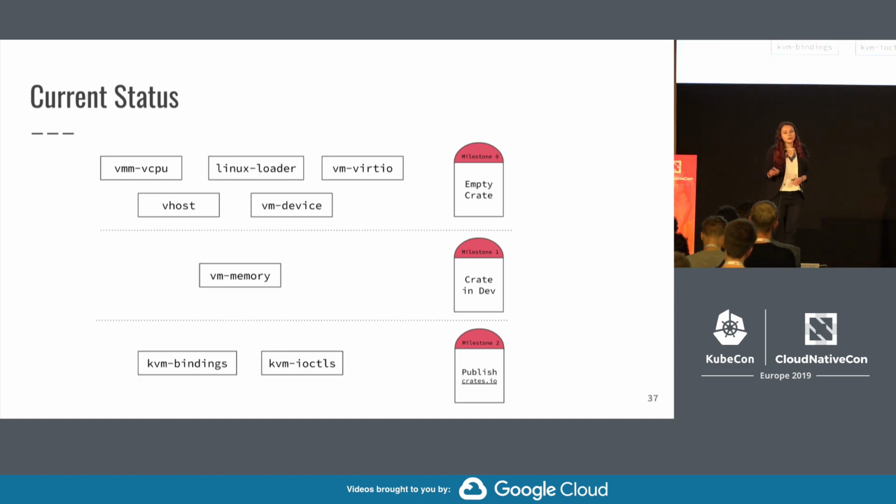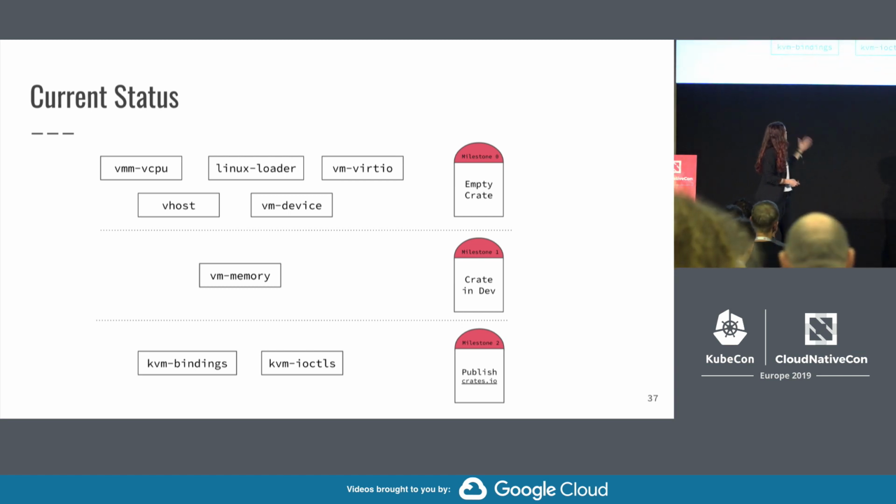Now, the current status of crates in Rust-VMM: we have some crates that are still in development. If you go on the GitHub project, you will see that there are some crates where it seems like nothing is happening. They're empty repositories. That's because we are still designing them. We are still working on the design and still trying to merge pull requests and so on.